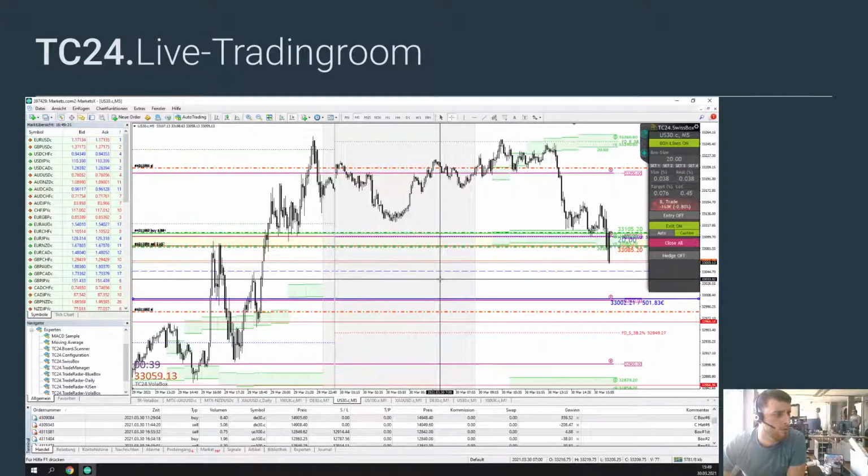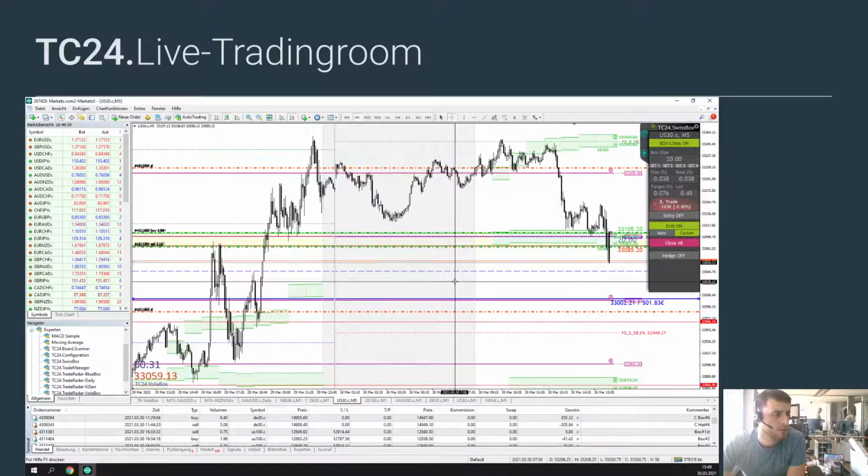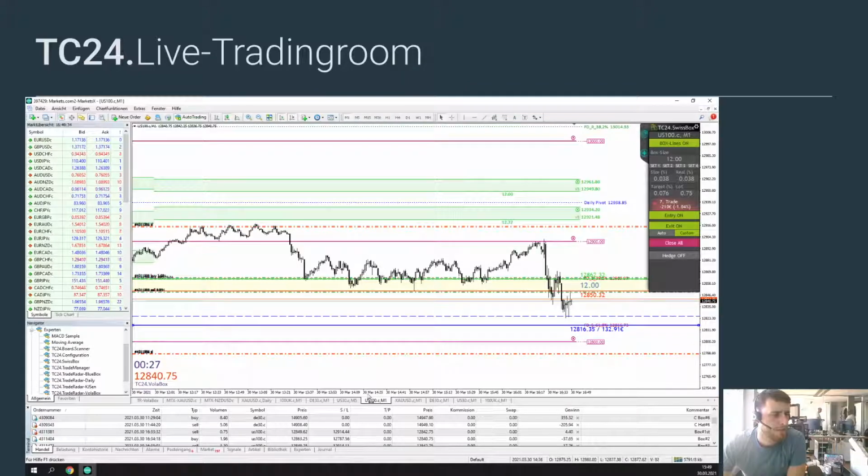So if we break through here, we should stop out just over there. Will be the next supporting line. Nasdaq still fiddling around.